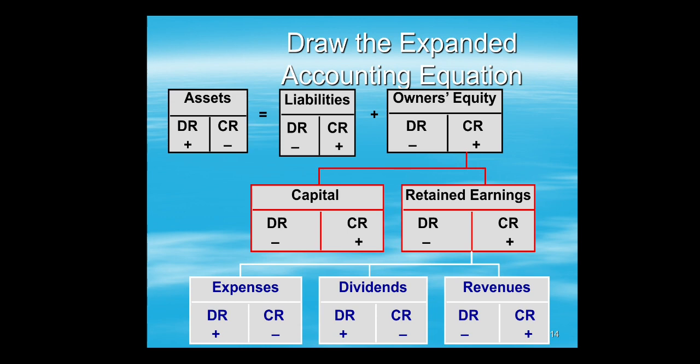But expenses is the opposite. If a business makes expenses, the profit of the business will decrease. When the profit of the business decreases, the owner's equity will also decrease. So for that reason, when you record expenses, you have to debit the account.